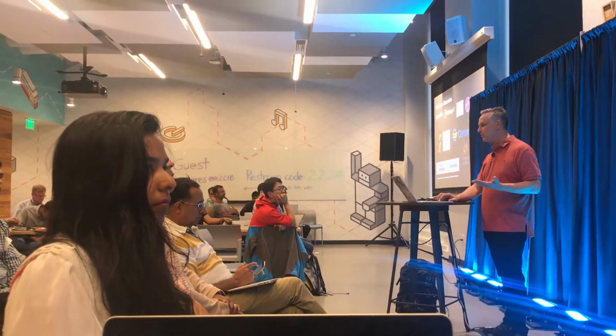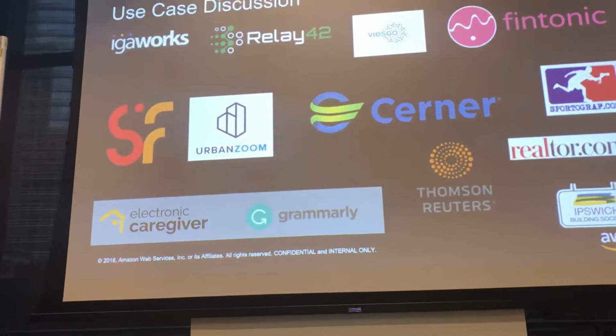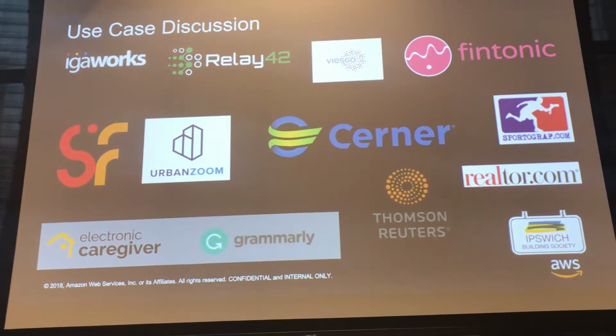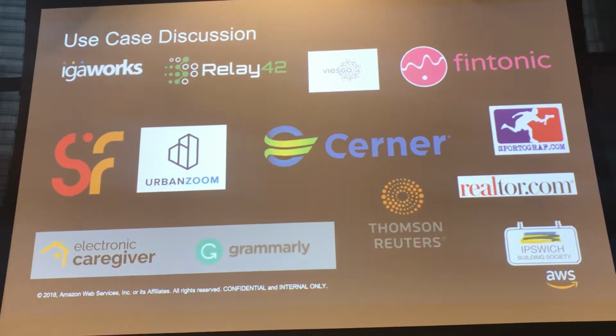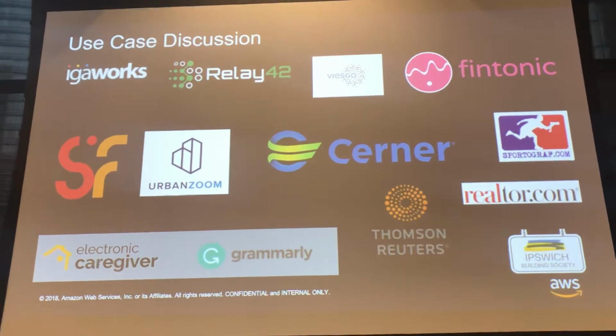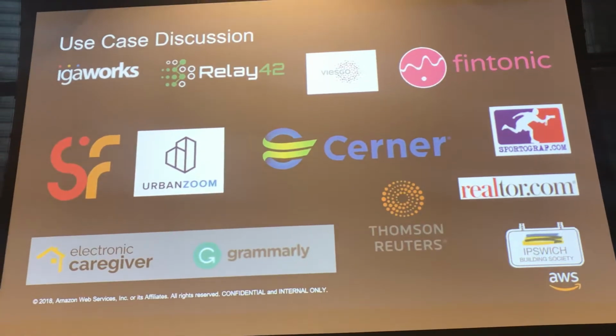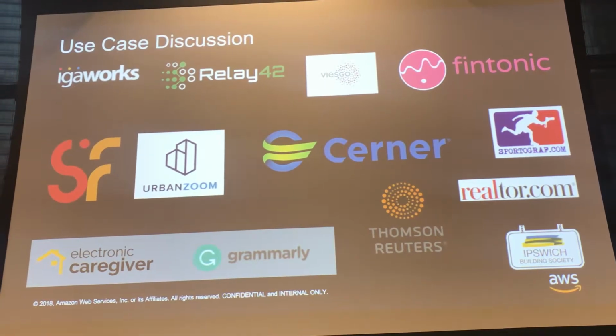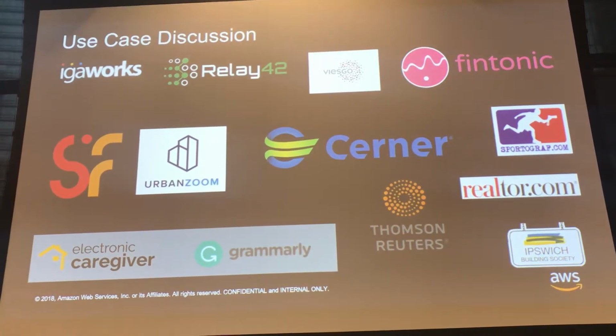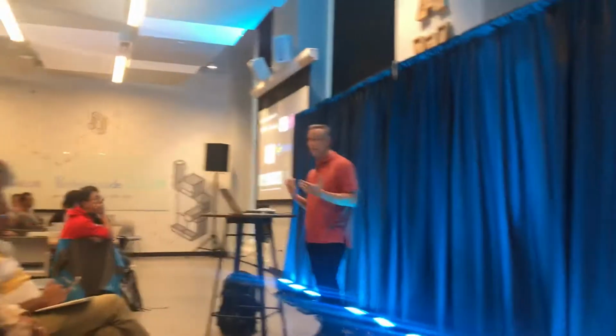Just a few other things, Realtor.com. Obviously, they're doing prediction on housing prices based on the characteristics of the area. Sensing Feeling is interesting. I made this point earlier, and I'll make it again, because I think it's really important. What Sensing Feeling does is they use computer vision to determine the mood of the person who's using the phone at a particular time.